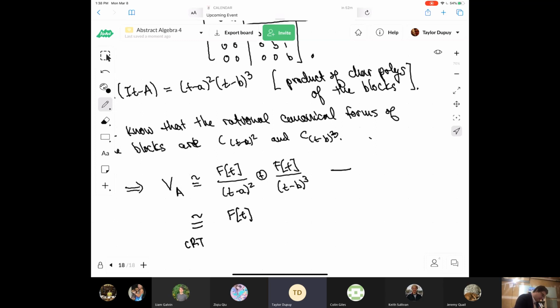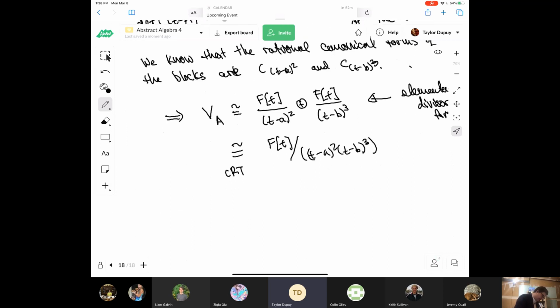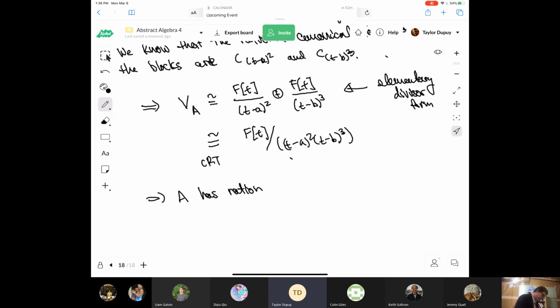So now this is kind of an elementary divisor form. It is isomorphic to F[t] mod (t minus a) squared times (t minus b) cubed, like this. So this implies that A has rational canonical form, so now this is in invariant factor form.